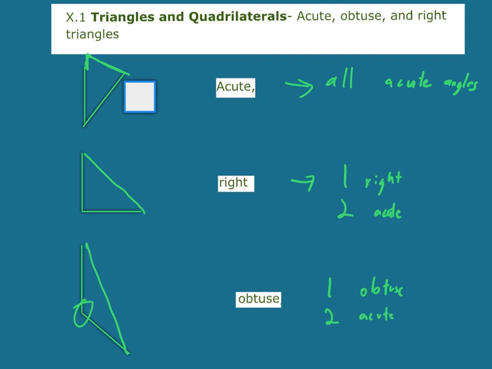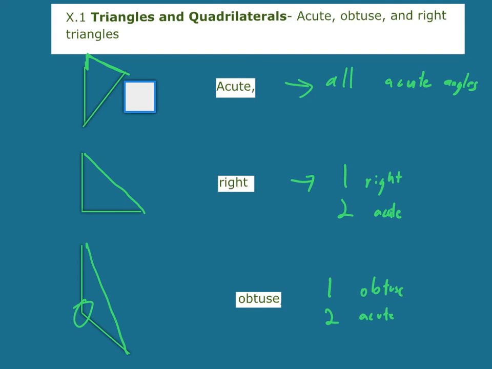So all triangles are going to have at least two acute angles. Every triangle will always have 2 acute angles in it. You can't draw a triangle and have an obtuse and a right angle in it or anything like that. It's not possible. You can try it, but you can't draw a triangle with an obtuse and a right angle in it. You're always going to have 2 acute, and it's whatever the other one is.